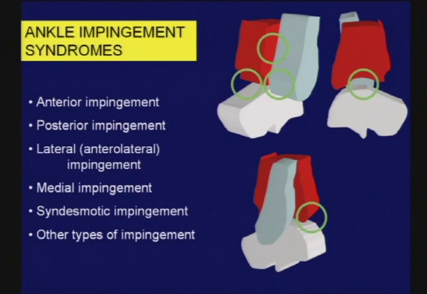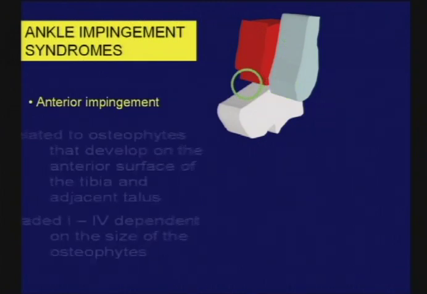My plan is to go through each of these quadrants, show you what people are talking about, and then at the end suggest a concept and classification system that, to be honest, we do not use in our clinical practice, but it is something that may be useful for the future.